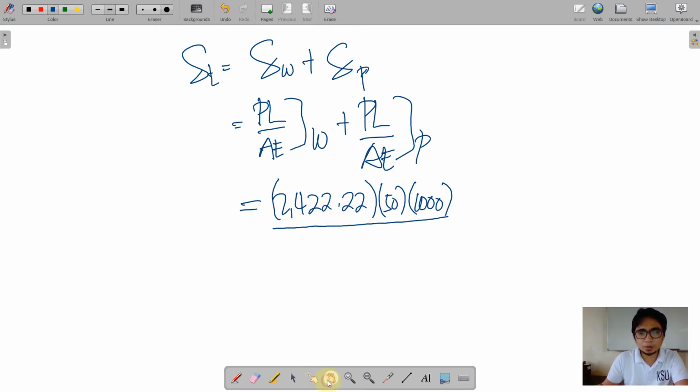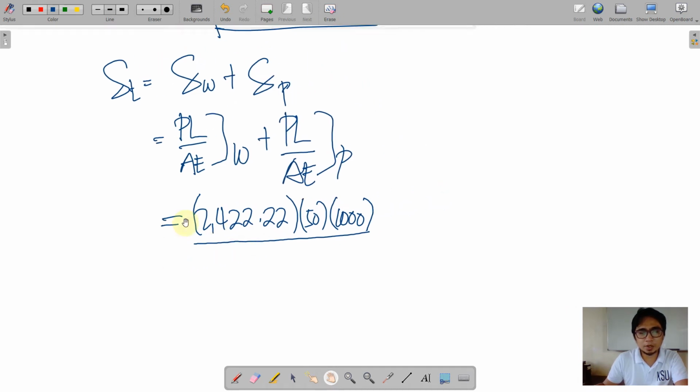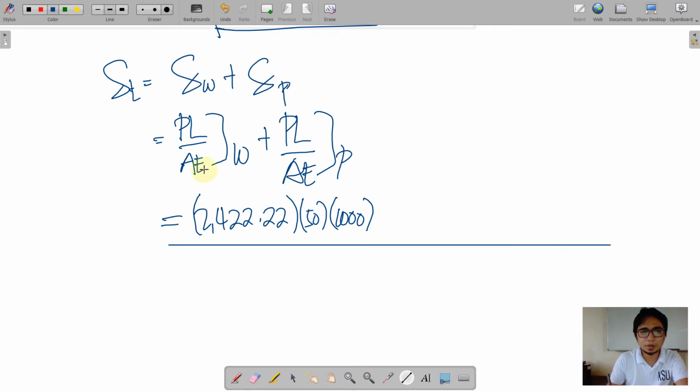And I think we should already merge here the denominator. Okay, so we suggest now to merge our denominator into 1, because we have a uniform cross section, okay, and a homogeneous material, so there is no change in the area as well as the modulus of elasticity all over the length. So therefore, we'll just merge it into one.